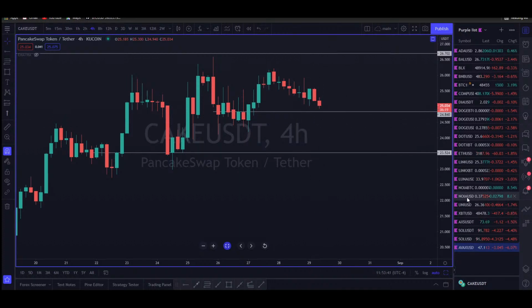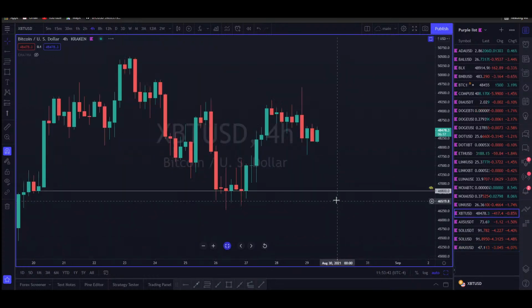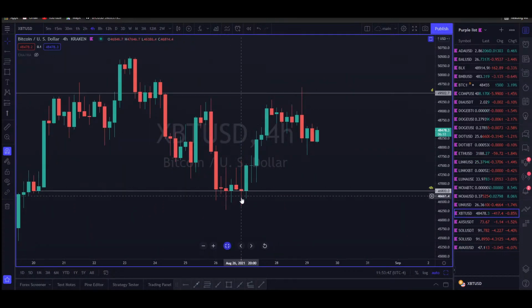How Bitcoin made that support on the 4 hour down here? Never closed below. Once you get a close above this bullish candle, that shows you there is strength, and you can look for entries. And look here, you traded almost all the way back down to that level. That's your entry. That's what you're looking for.